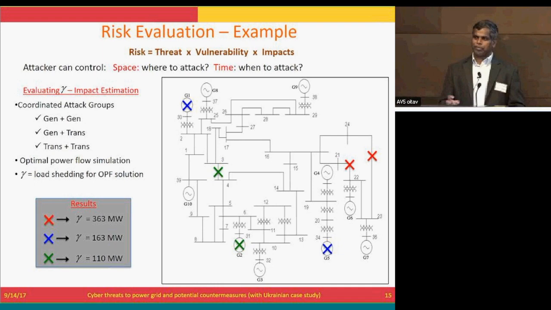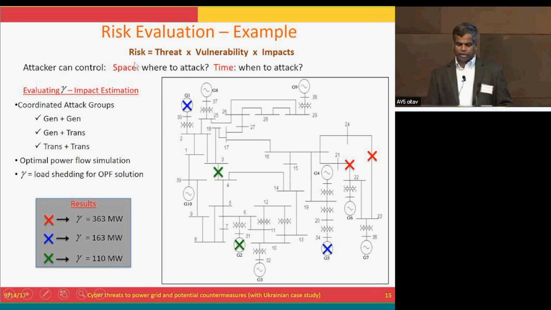So the probability calculation is subjective, whereas impact characterization is accurate. There is a lot of research going on: how do we make this probability calculation more pragmatic? It is still useful.